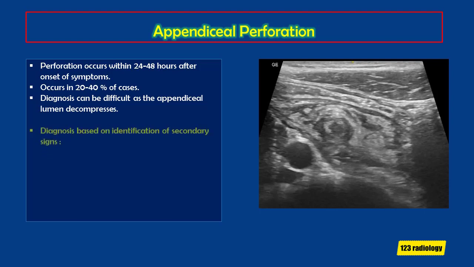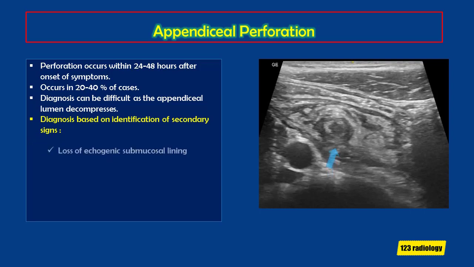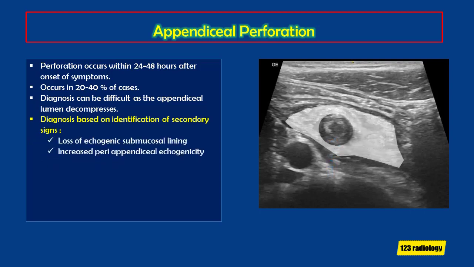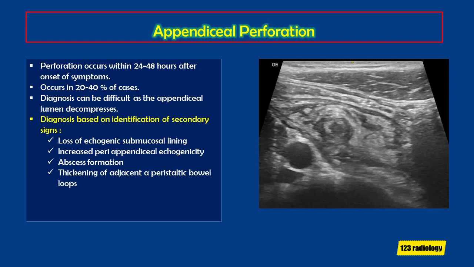In this scenario, the diagnosis is based on identification of secondary signs, such as loss of echogenic submucosal lining, increased periappendiceal echogenicity, abscess formation, thickening of adjacent peristaltic bowel loops and interloop fluid.